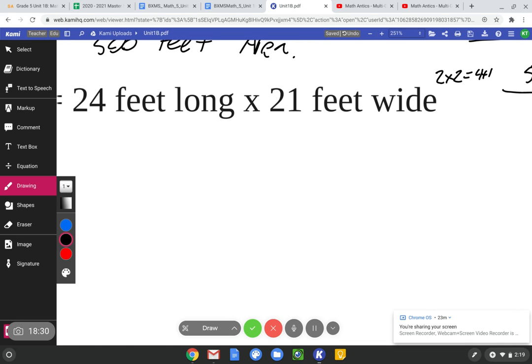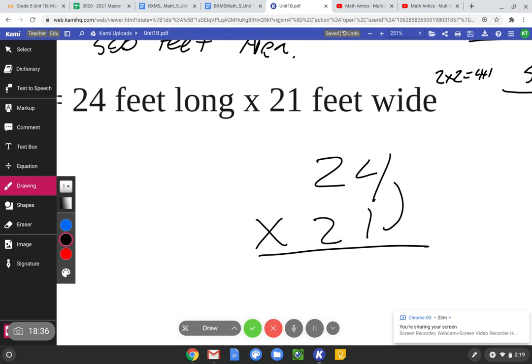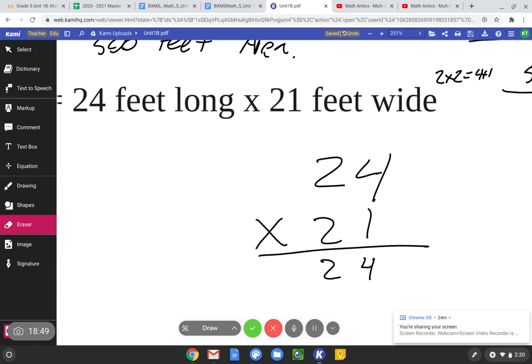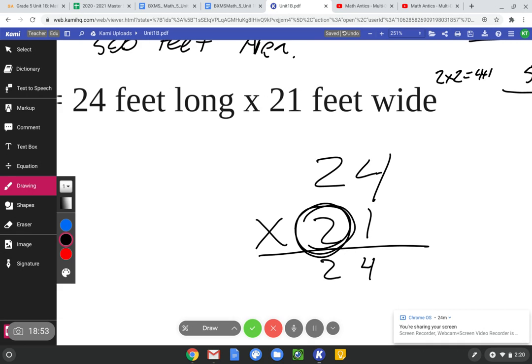Let's do Denzel's now. We're going to do 24 multiplied by 21. Now we start with the ones place. 1 times 4, 4. 1 times 2, 2. I know that was too easy for y'all. Now, since we're doing the tens place, this 2 is in the tens place.